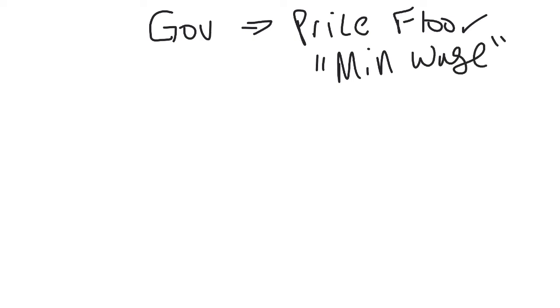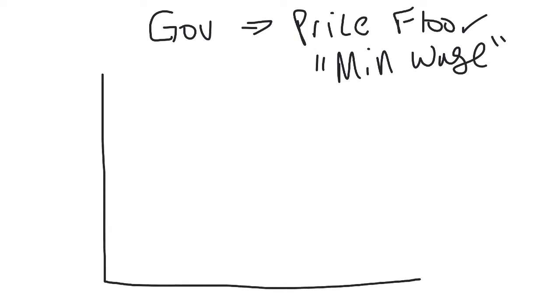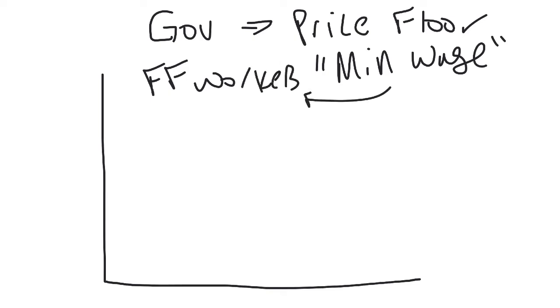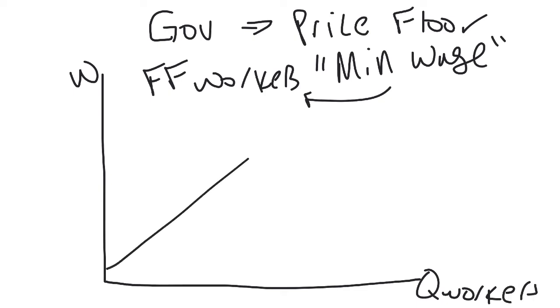So using a basic supply and demand graph for labor, let's graph the market for, let's say, fast food workers, because minimum wage often applies to the fast food industry. So if we say this is wage, and this is our quantity of workers, again, we have a supply of labor and a demand for labor.